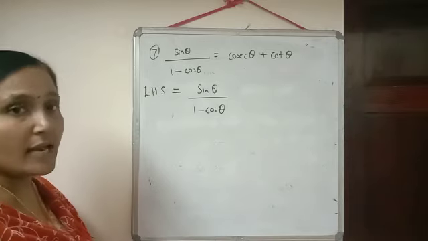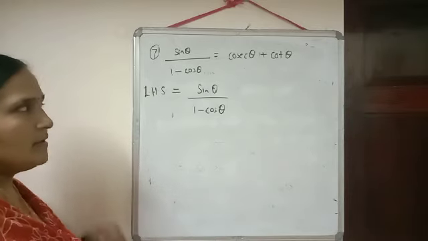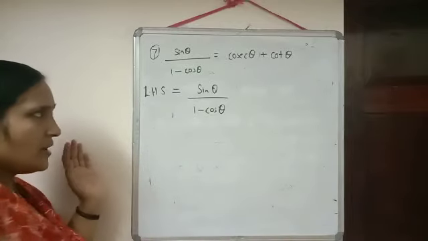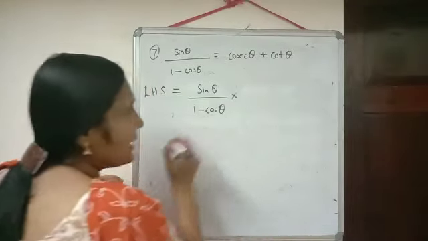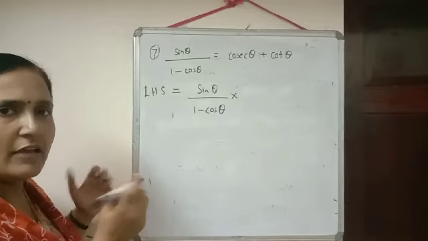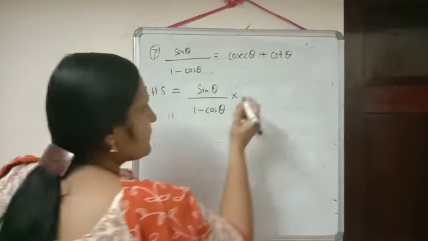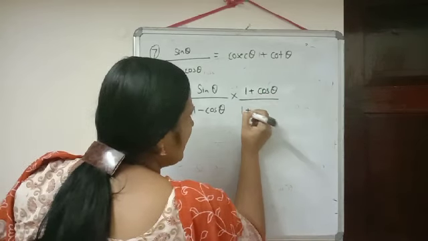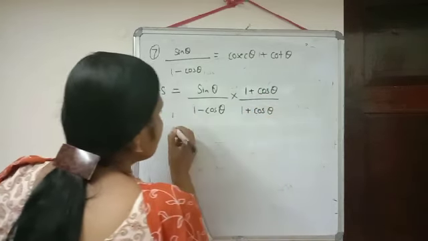We can rationalize the denominator. That's why I am giving you step-by-step questions. So now I am going to rationalize the denominator if no other options are there. Here if I rationalize, we have to multiply by 1 plus cos theta.